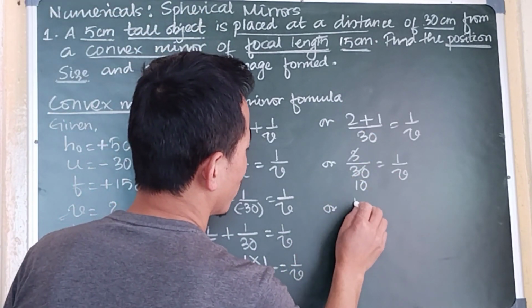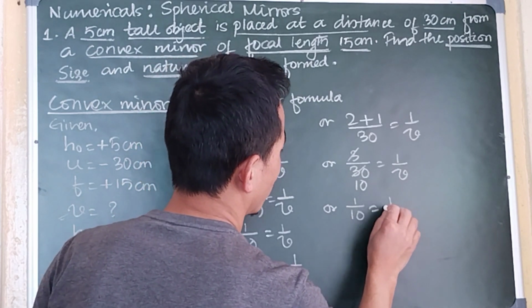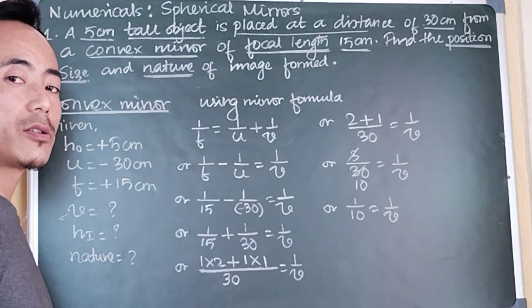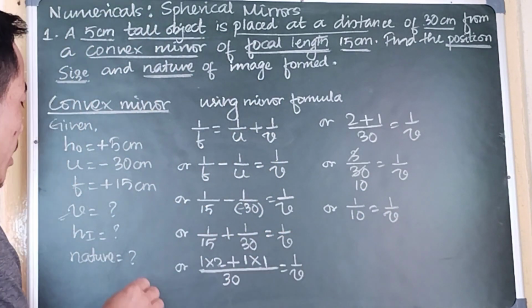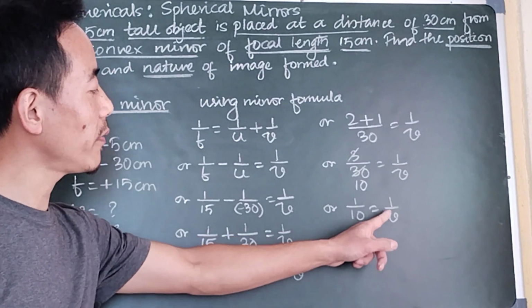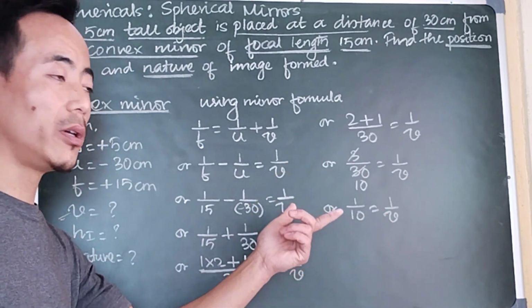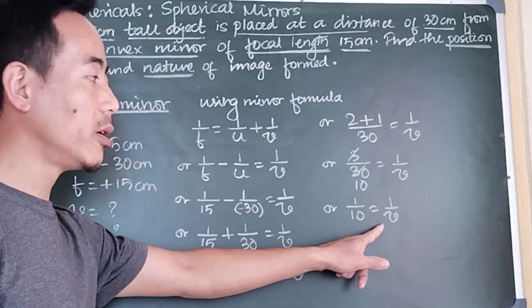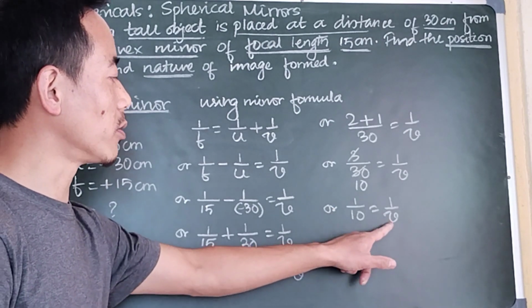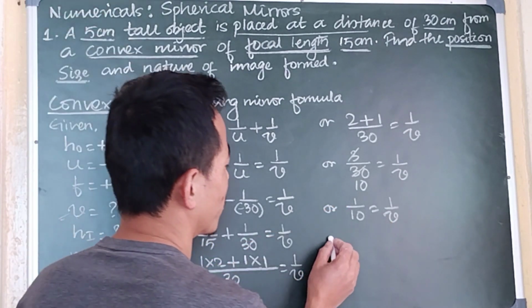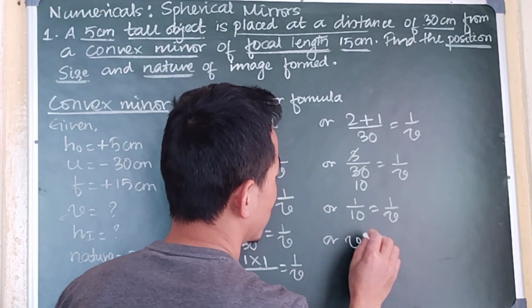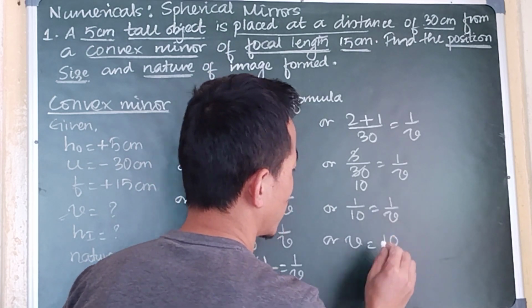Now you'll get 1 by 10 is equals to 1 by v. Now this is not your answer. What we have to find out is v. So what we have here is 1 by v. So here again student make mistake. So here you have to do cross multiplication. So this v into 1 becomes v and this 10 into 1 becomes 10.